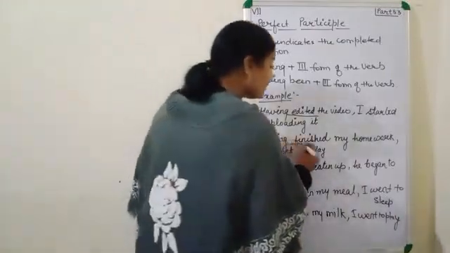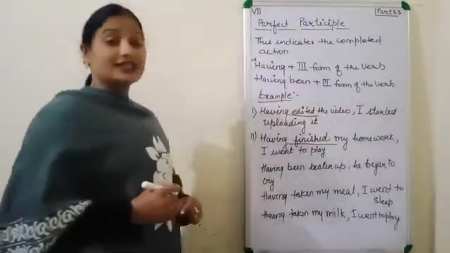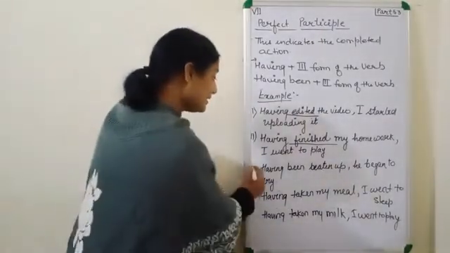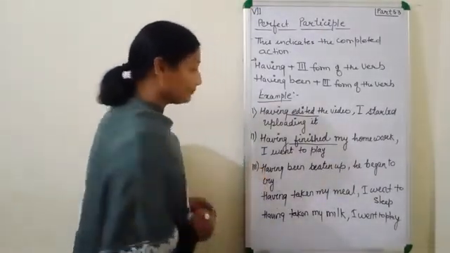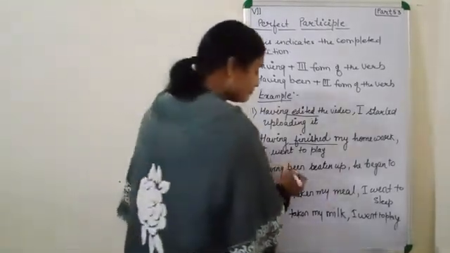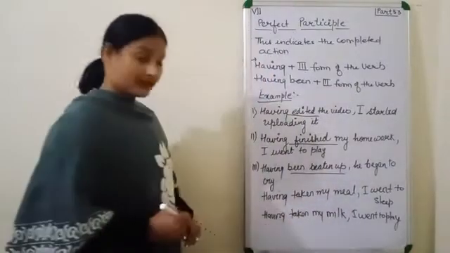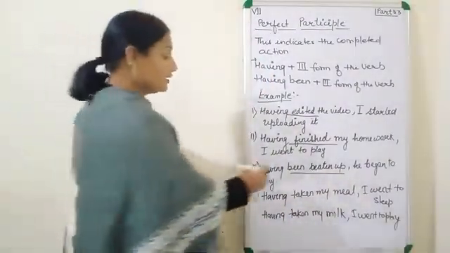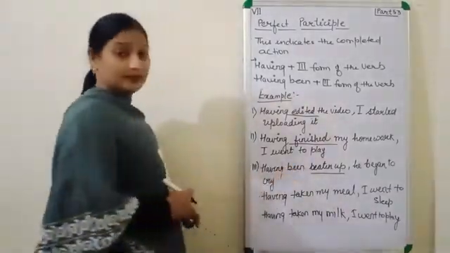So this will be your perfect participle. One more example. Having been beaten up, he began to cry. Once again, having been beaten up, so this will be your perfect participle.